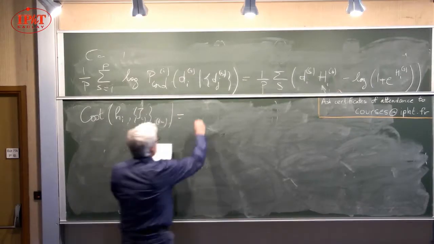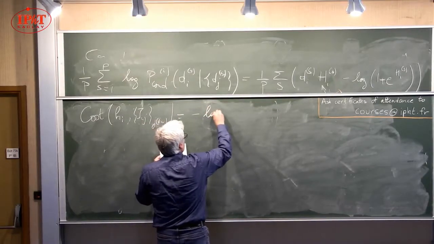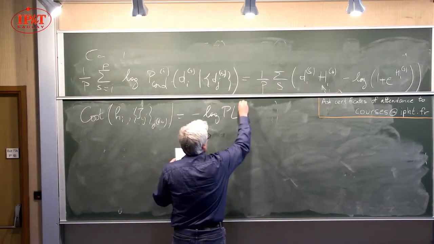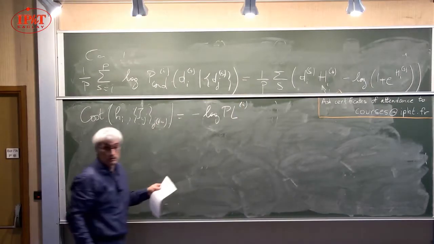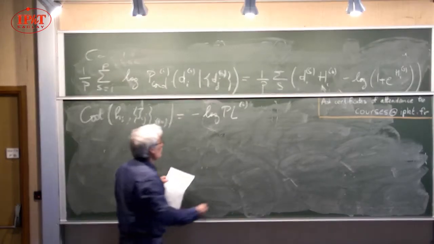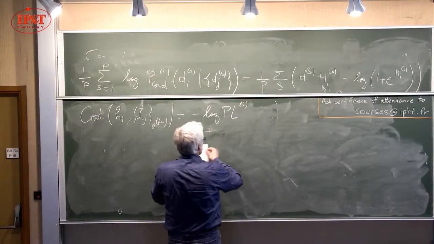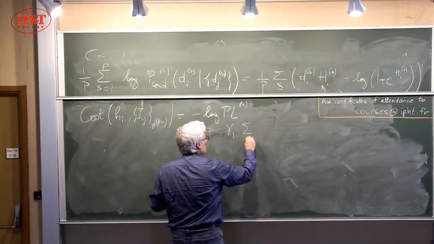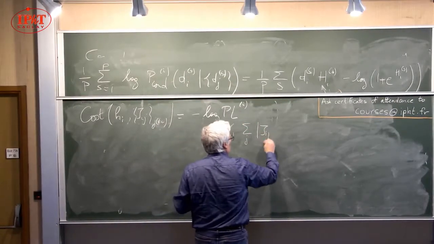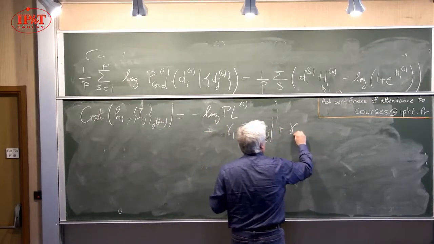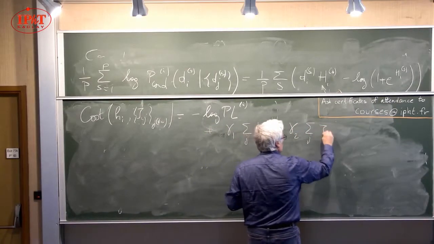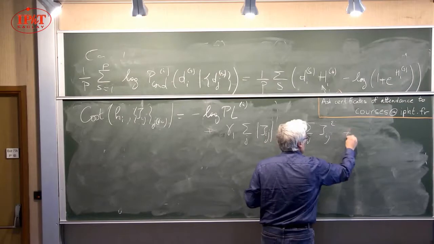So it's going to be minus the log of the pseudo likelihood, which I have written here. So this is for spin i. And then you can add some penalty terms, like for instance gamma 1 sum over j of the absolute value of J_ij, the L1 term, gamma 2 sum over j of J_ij squared, whatever you want. And you have also other terms for h_i.